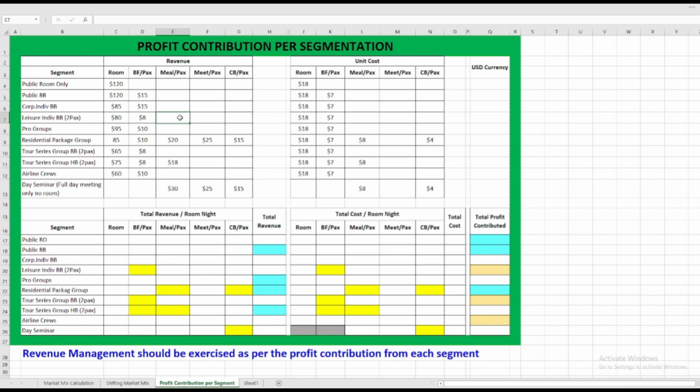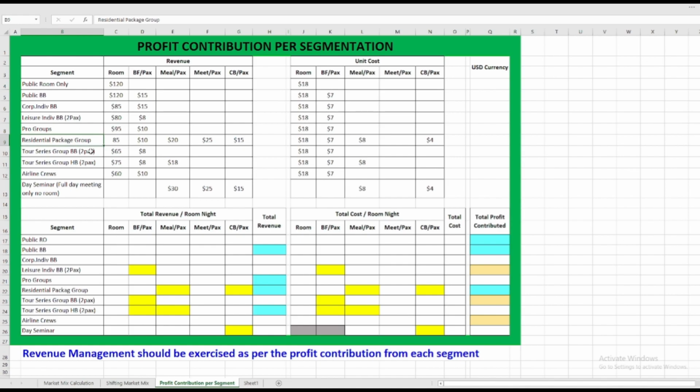This is the basic standard report. Here we have different segmentations: public room only, public bed and breakfast, corporate individual bed and breakfast, leisure individual bed and breakfast for 2 persons, professional group, and residential package group, that means the group who stay in our hotel and have a full day meeting.